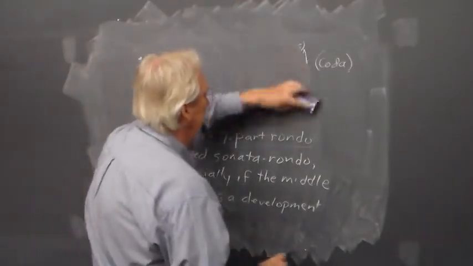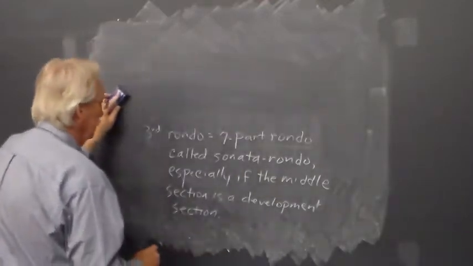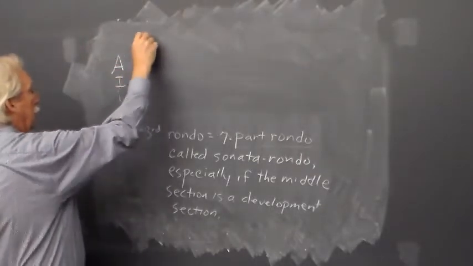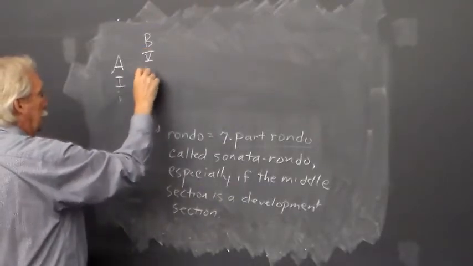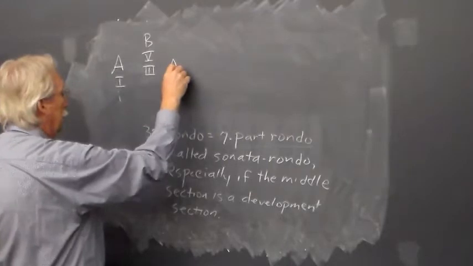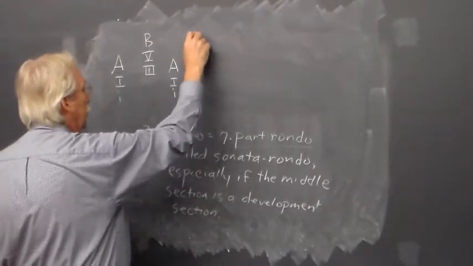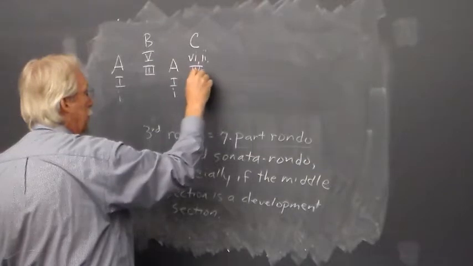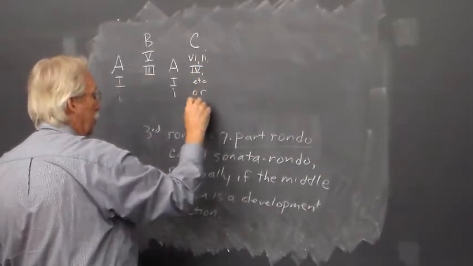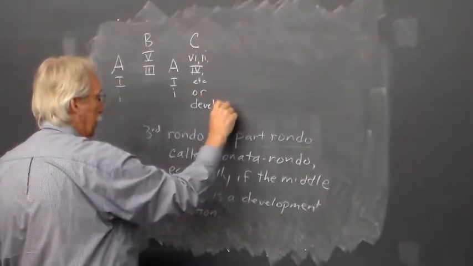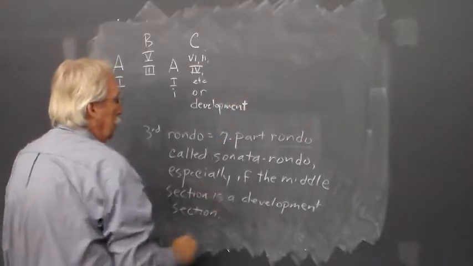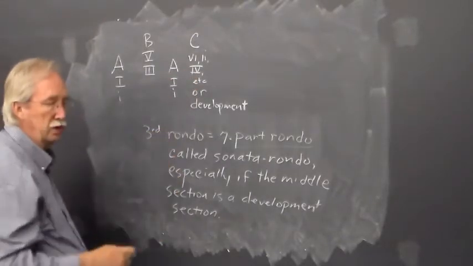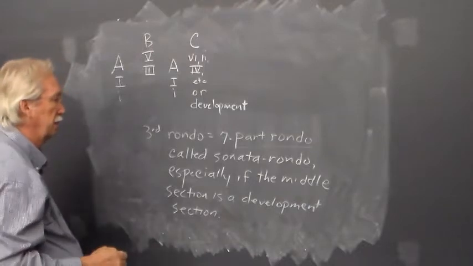Okay, so that form, especially if it uses a development section here for the middle, then we're going to use the term sonata-rondo and describe it that way.